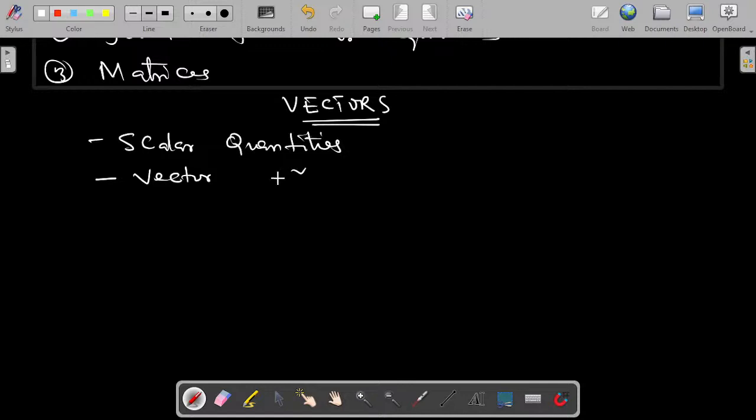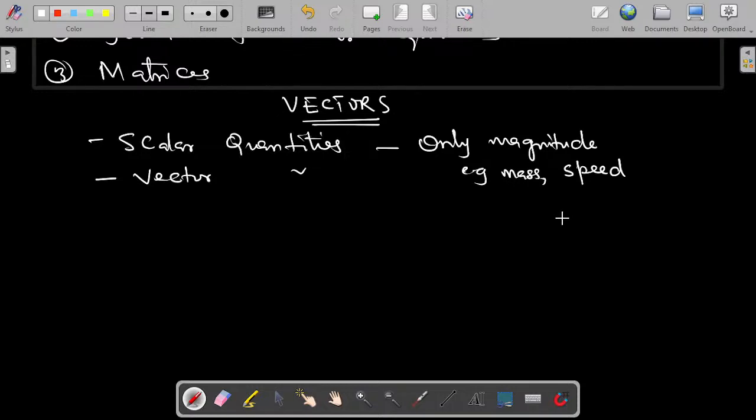So what is a scalar quantity? We said that it is a quantity that has only magnitude, but no direction. Examples include mass. You can talk about speed. That's why sometimes we say that speed is not all that matters.